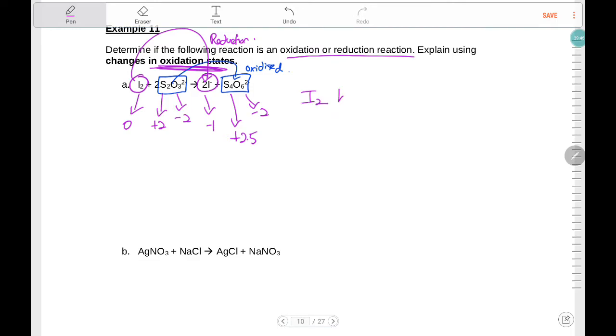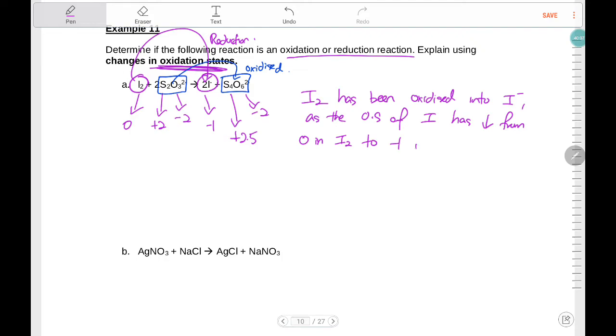So I would say that I2 has been reduced into I minus. Notice I omit all the numbers in front. As the oxidation state of I has decreased from 0 in I2 to -1 in I minus.